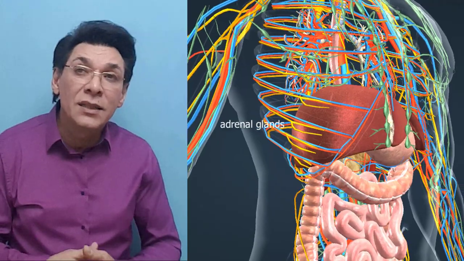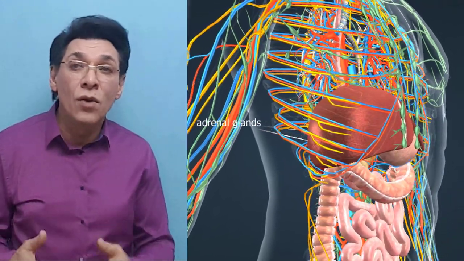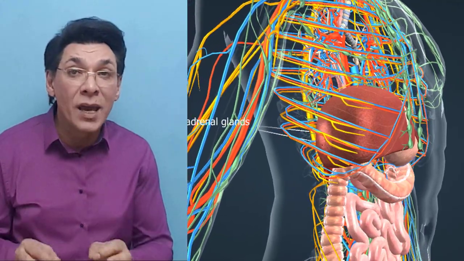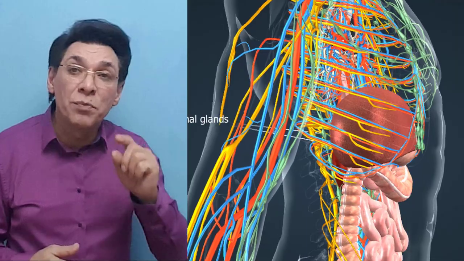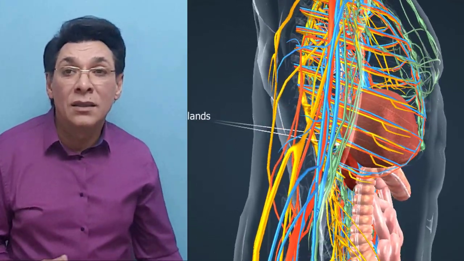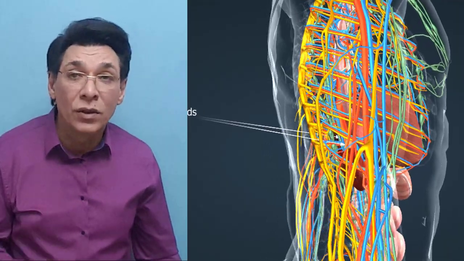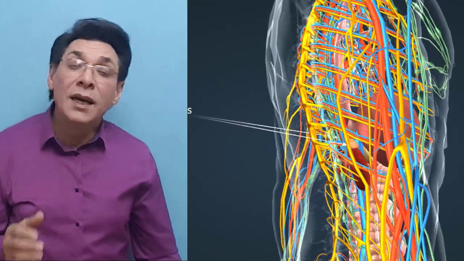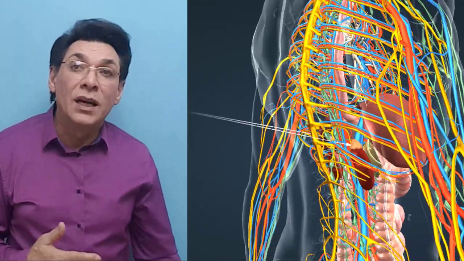The adrenal gland, also called the suprarenal gland, yellow, pyramid shape, sits on superior border of each kidney, and there are two portions. First, adrenal cortex, outer part, and adrenal medulla, inner part.